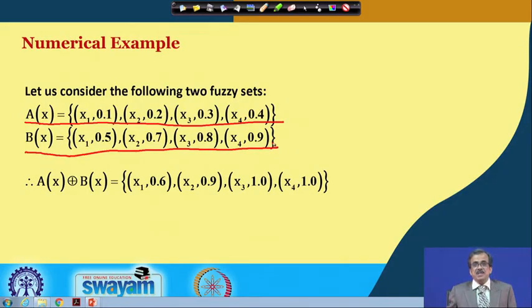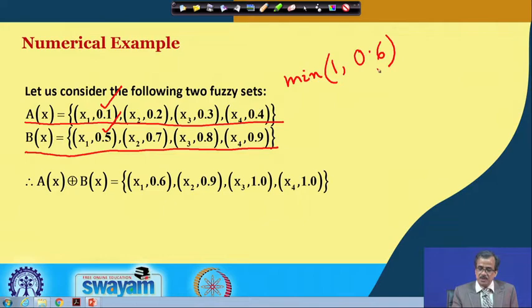You will have to find the minimum between 1 and the sum of the two mu values. So, 0.1 plus 0.5 is 0.6, and the minimum is 0.6. So, corresponding to x1, I write down 0.6.